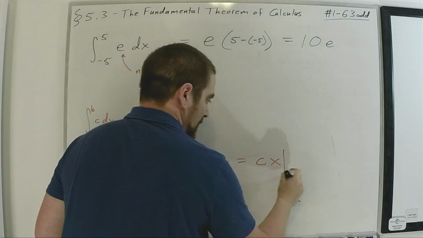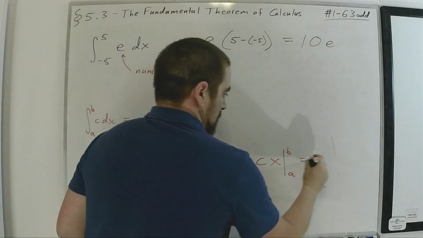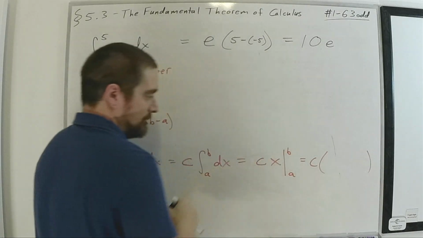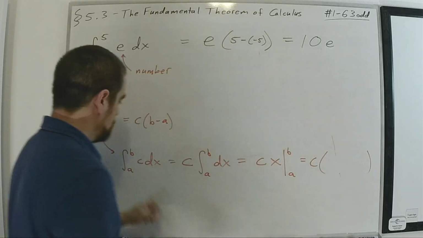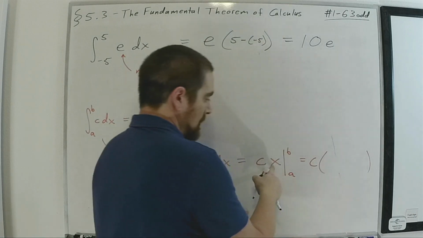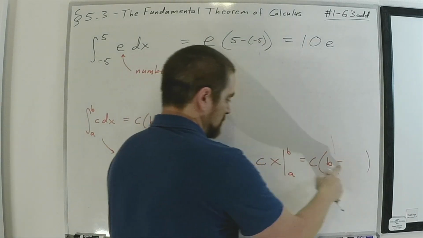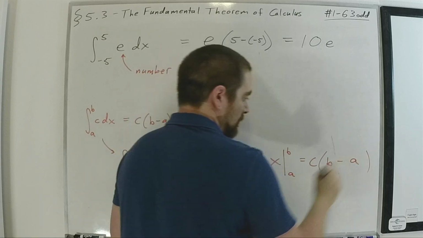And then I have to evaluate that x from a to b, which means that constant multiple just sits out front, multiplies everything because that's where it is. I have to plug in my upper limit for x, and then by the fundamental theorem of calculus, subtract that lower limit of a.